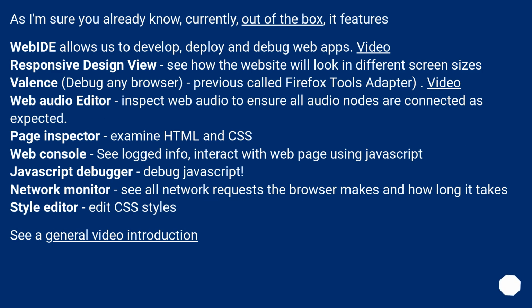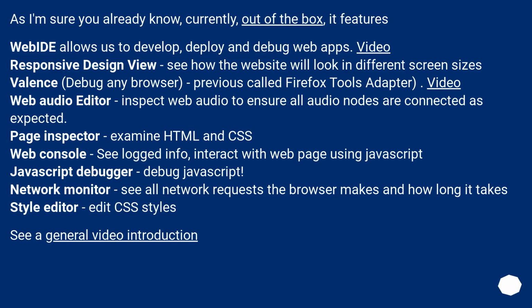As I'm sure you already know, currently, out of the box, it features WebIDE, which allows us to develop, deploy and debug web apps. Responsive design view, to see how the website will look in different screen sizes. Valence, to debug any browser, previously called Firefox Tools Adapter. Web Audio Editor, to inspect web audio to ensure all audio nodes are connected as expected.